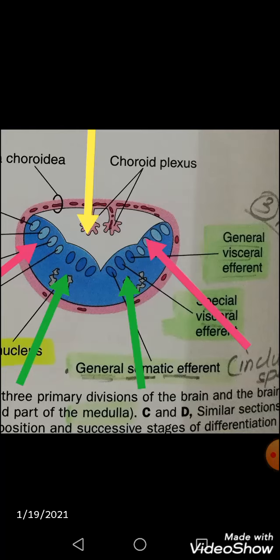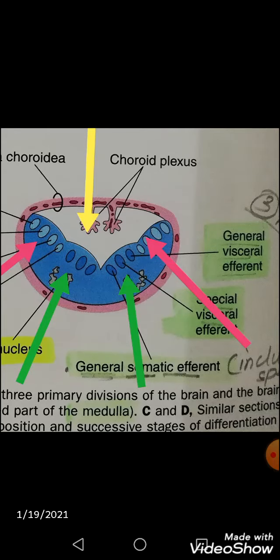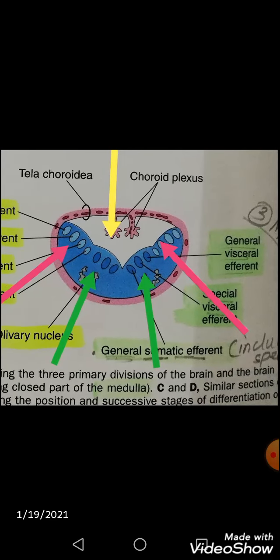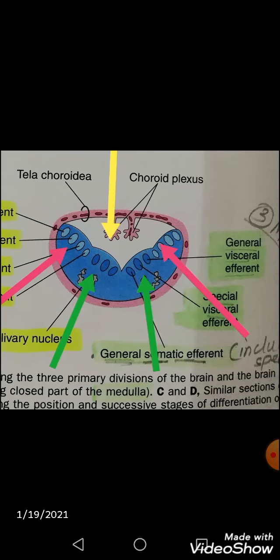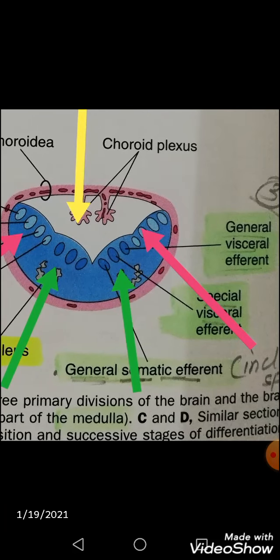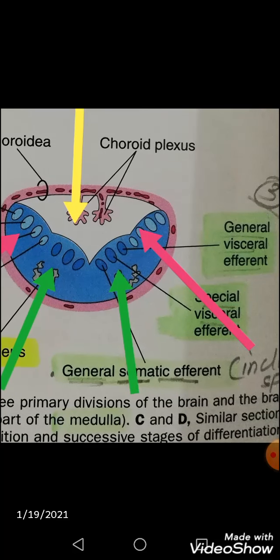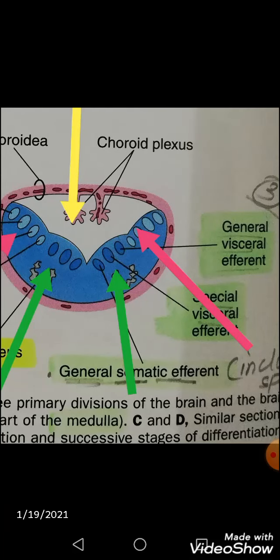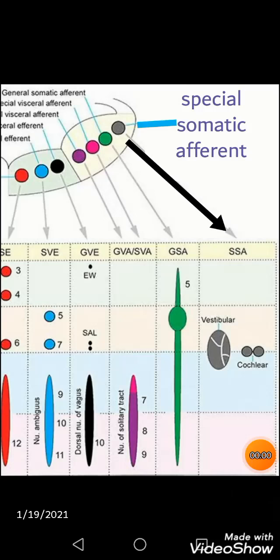So these three are added components in the cranial nerves in addition to the four we mentioned in the spinal nerve. This special visceral efferent, I would say, is a special type of general, like an army officer. If you want to recall, it will be depicting the special as well as general somatic efferent fibers.